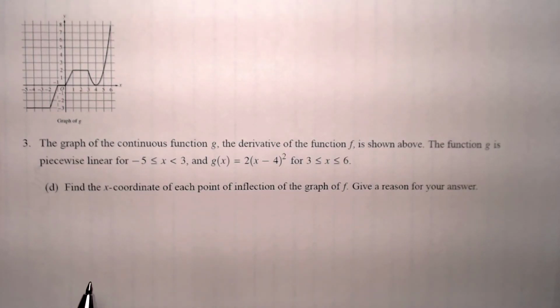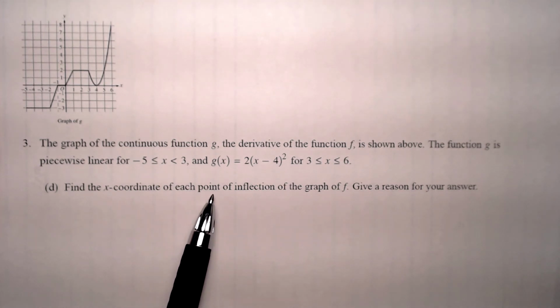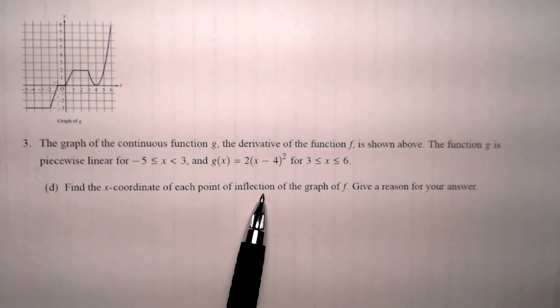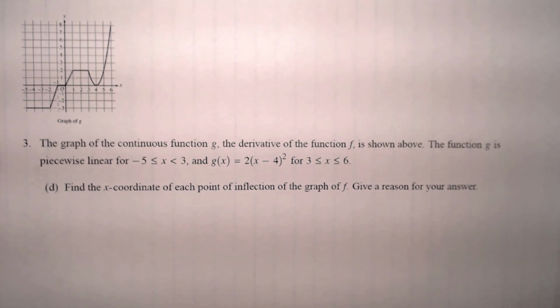So in this question we need to find all x coordinates of the points of inflection of the graph of f. And points of inflection are those points where the first derivative changes from decreasing to increasing or increasing to decreasing.